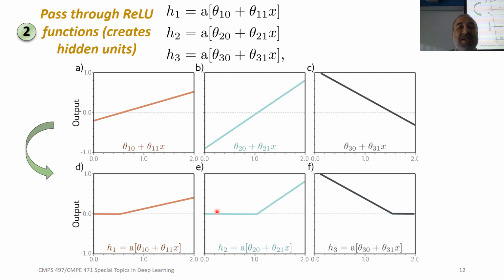And what happens if the activation function is linear? Imagine that the activation function is just another linear function.